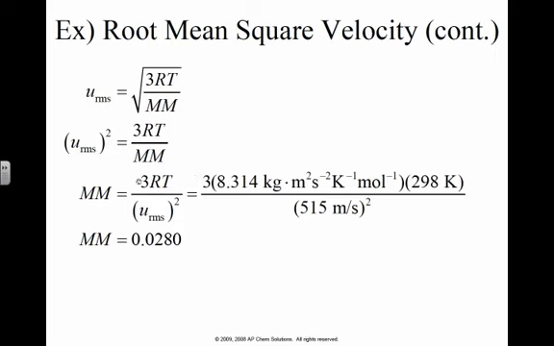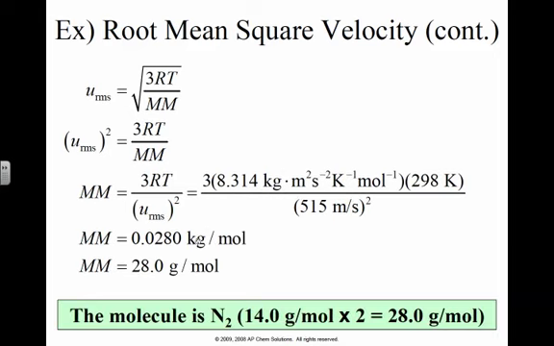So 3, R is 8.314, temperature is 298, divided by 515, and then we have to square it. And we get an answer for molar mass of 0.028, but remember that's going to be in kilograms. So what is that in grams? 28 grams per mole. And what diatomic element has a molar mass of 28 grams per mole? That would be nitrogen.